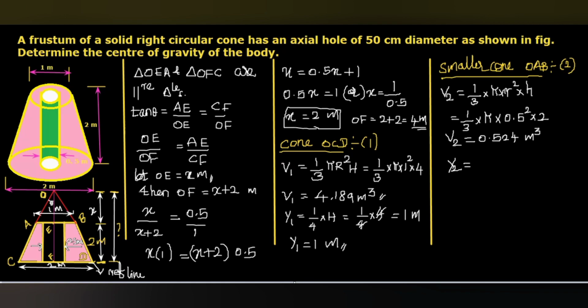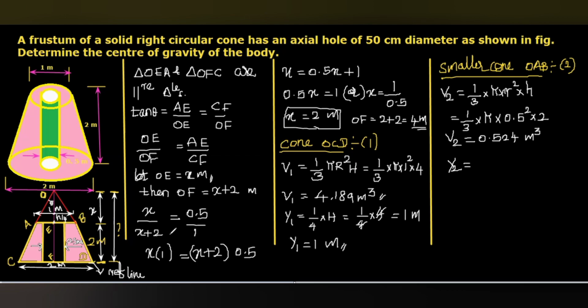Then Y2. From the base AB, to the center of gravity CG2, that will be small h by 4. But we need the distance from the reference line, which is CD, the bottommost line, for y bar. So from point F, the distance FE is 2 meters plus h by 4.